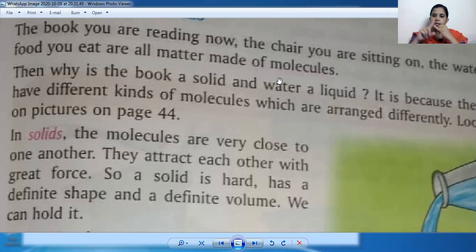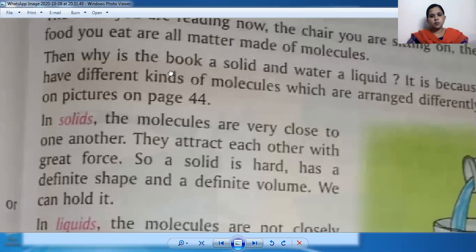They are present in solids, in liquids, and in gaseous form. The chair you are sitting on is solid in nature, and molecules are present in it, as well as in the water and the food you take in.